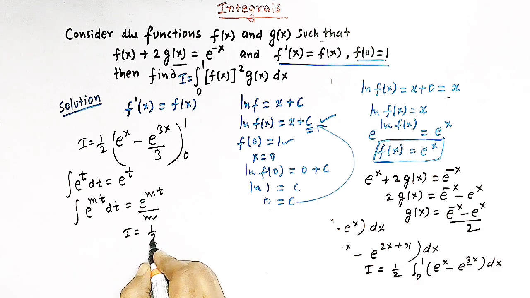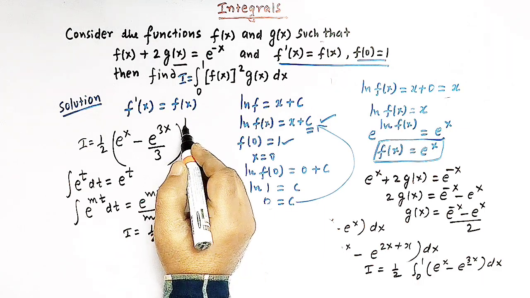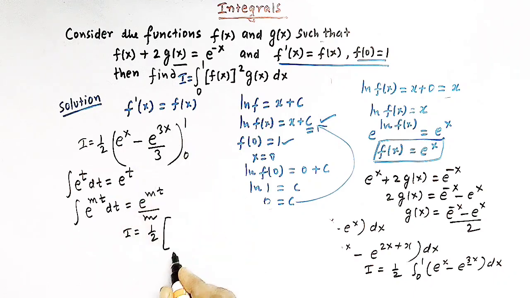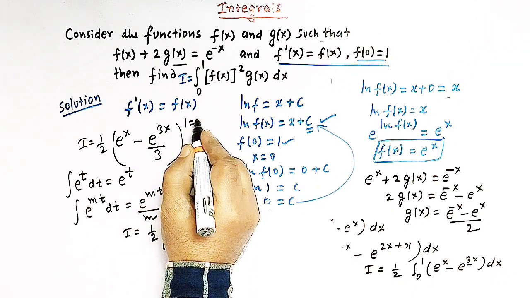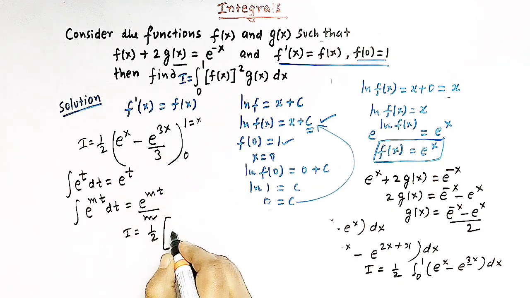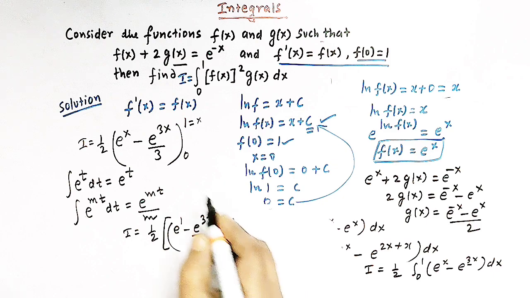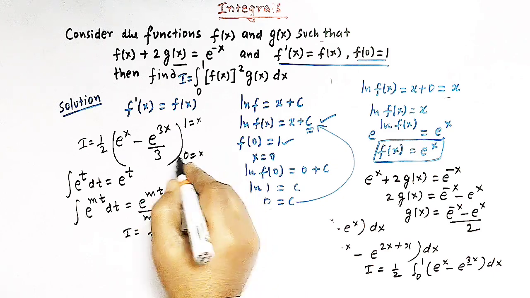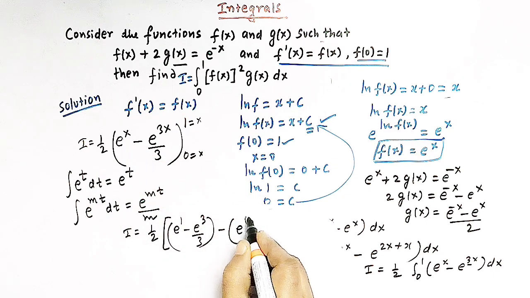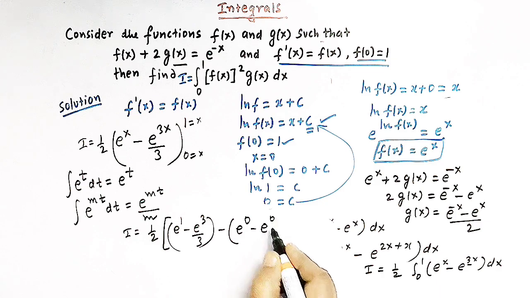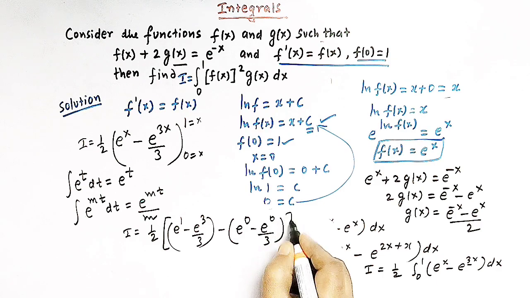Okay, so now we can substitute the limits and we'll take the difference. So first we'll take x is equal to 1. So we have e raised to 1 minus e raised to 3 over 3, and then we have here x is equal to 0. So we have e raised to 0 minus e raised to 0 over 3.